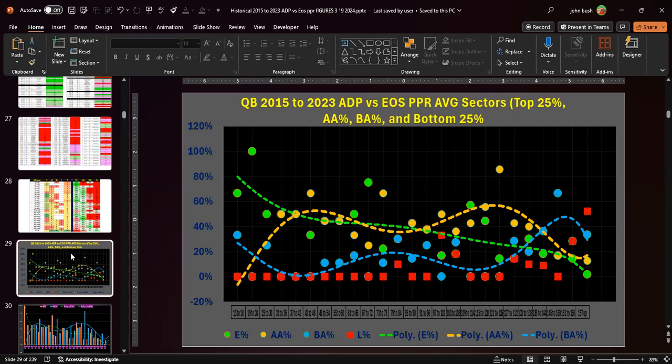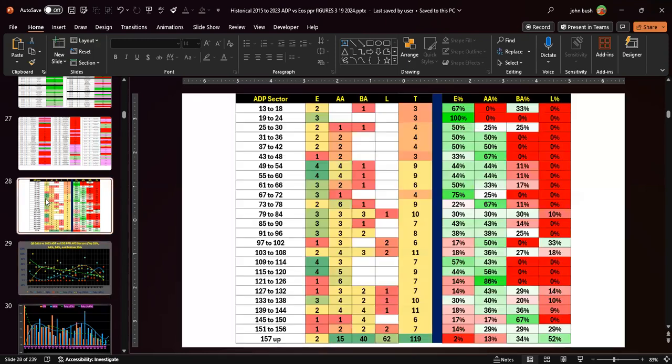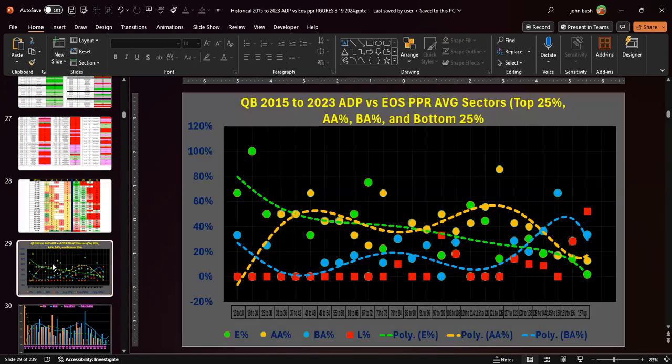Okay. So what I wanted to do was use the box data and name those quadrants: from the top of the box to the top whisker is the extreme, the top 25%, the next 25, and the bottom.